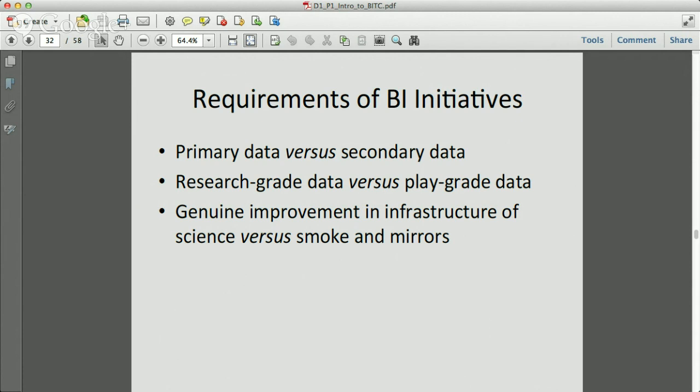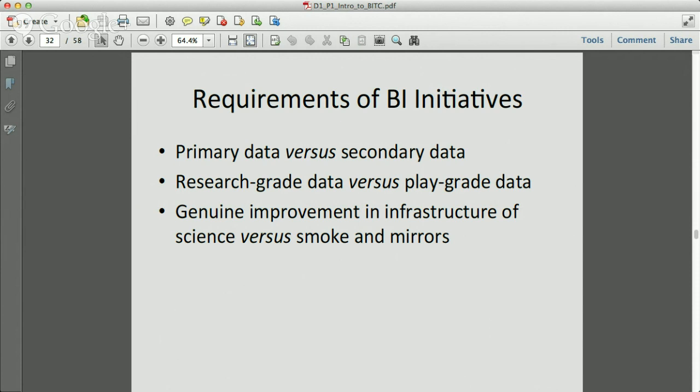But we should always insist on primary data streams versus secondary data streams. We should insist on research grade data versus for show data or play grade data. Essentially, we want the very highest quality data to be in the hands of everyone.